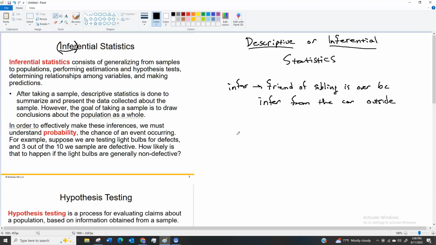And so let me write that down. So descriptive was, in our example, when I said 10 of the 200 had red hair.